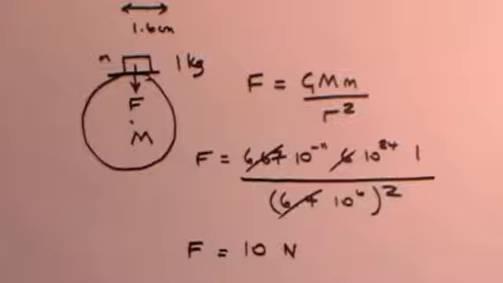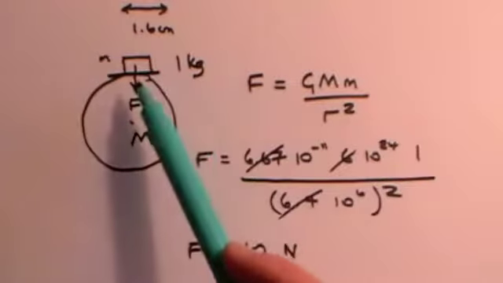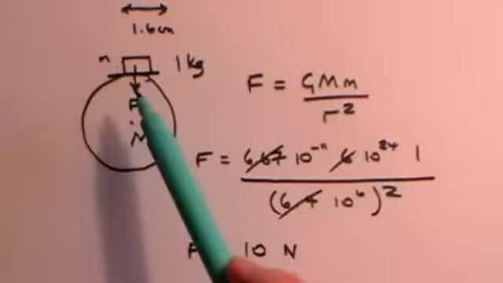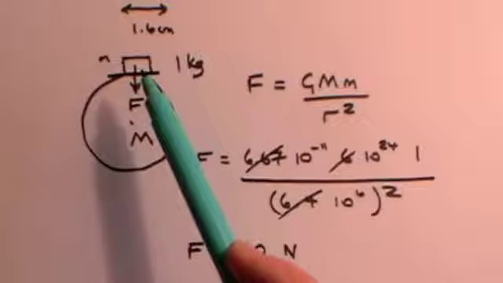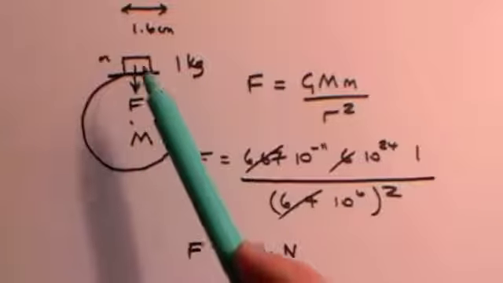That's what makes a solid a solid. It's because there are bonds between atoms and bonds between molecules that exert a force to hold them together, and those forces are stronger than the 10 newton force which is applied by gravity to the 1 kilogram weight. So the 1 kilogram weight doesn't fall through the floorboards because the molecular structure of the floorboards is capable of withstanding that.